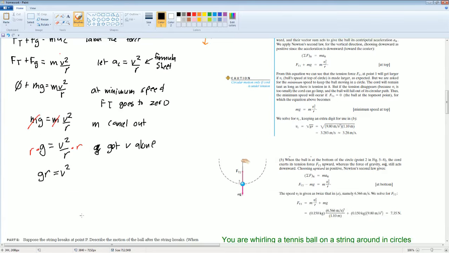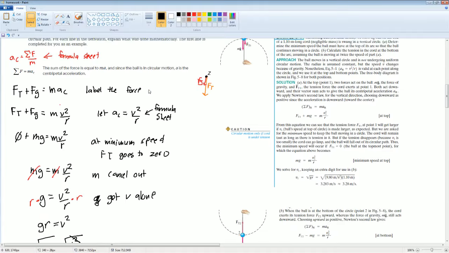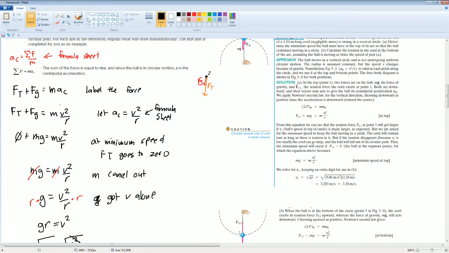Square root both sides, and you get v equals the square root of gr. So this is the minimum speed the ball can have at point Z, without leaving the circular path. Point Z is referred to as down here on the rope. Okay, good.